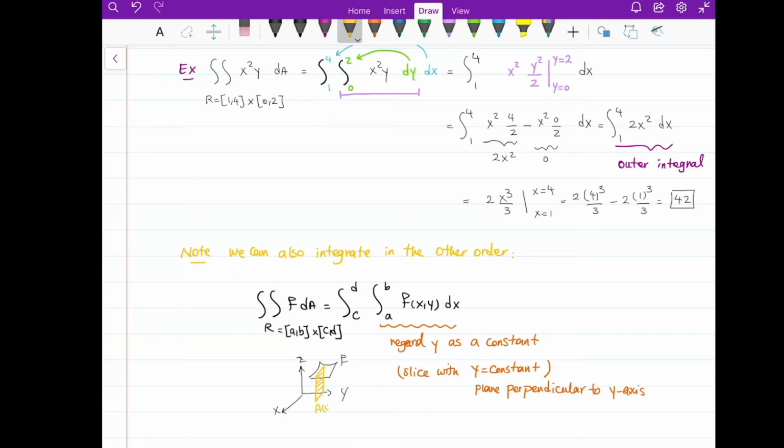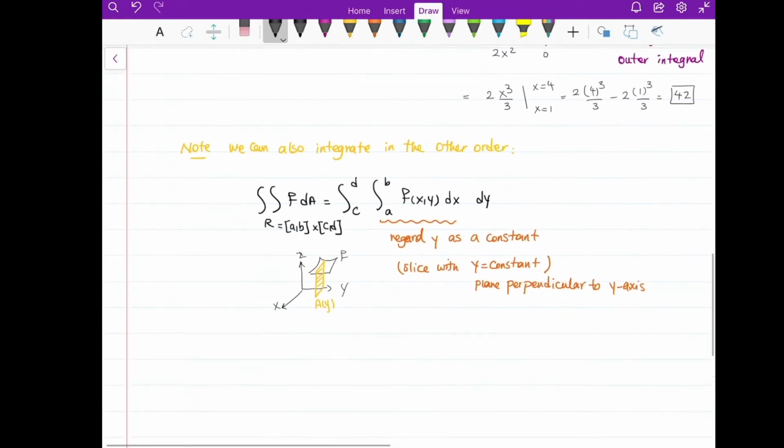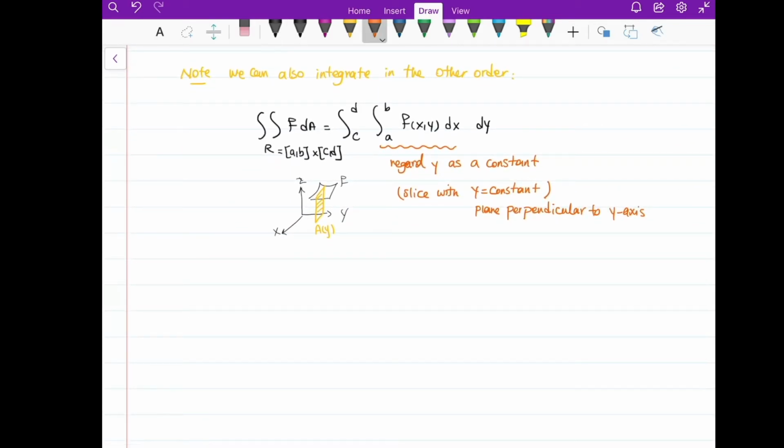Then you have A of y, you see? And this is the area of your slice, and then we have dy as our thickness, and that's how you can calculate that. So is this always true? Can we exchange the order always? This is the subject of Fubini's theorem.